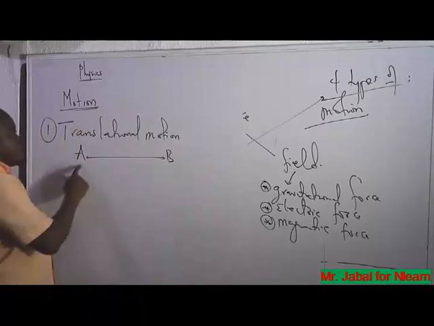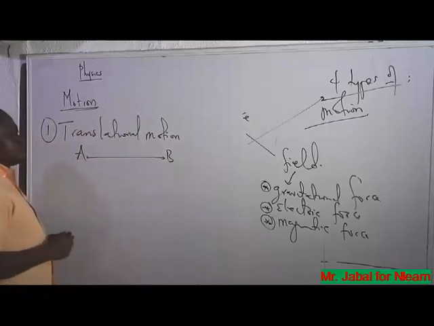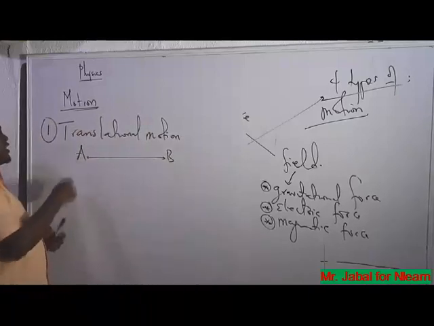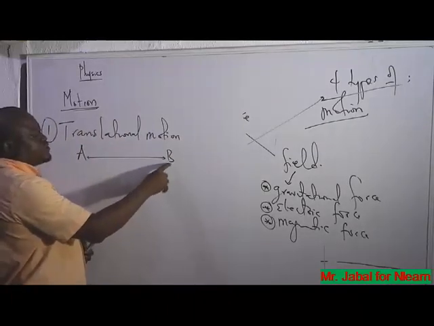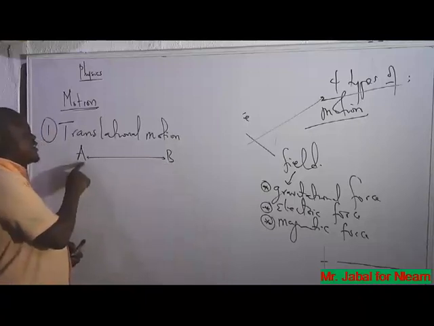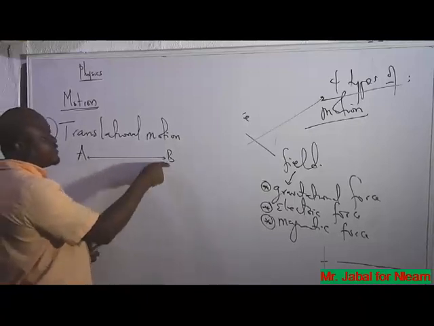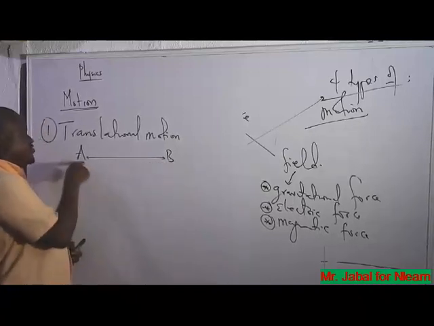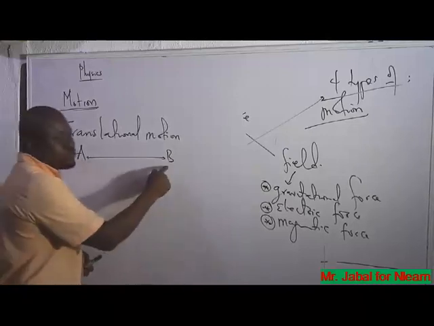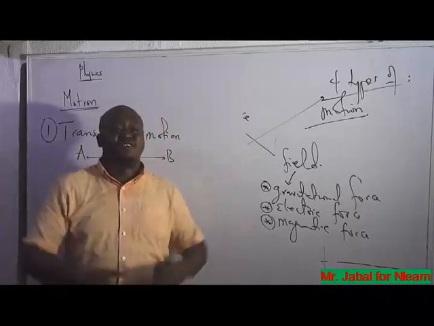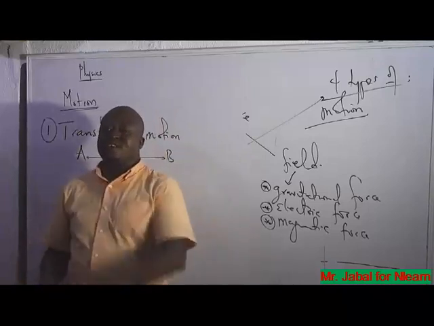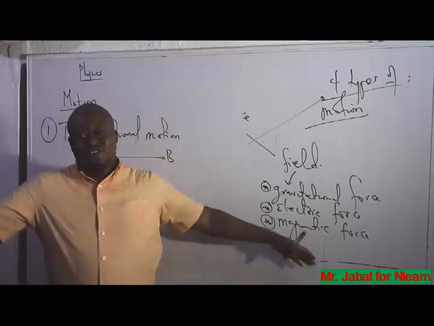If, for example, you have a boy kicking a ball from this point in the football field, and the ball lands at this point, then you say that the ball has translated from here to here. That's translational motion. It all has to do with motion from one point to another measured on a straight line.